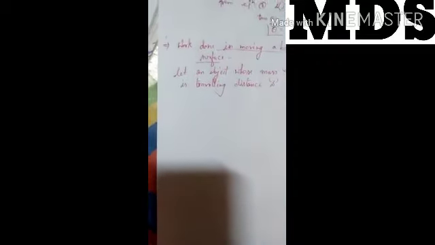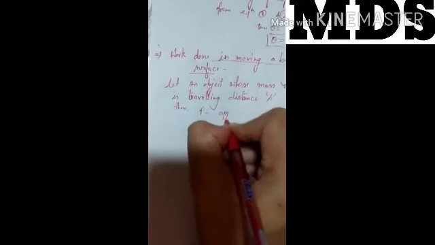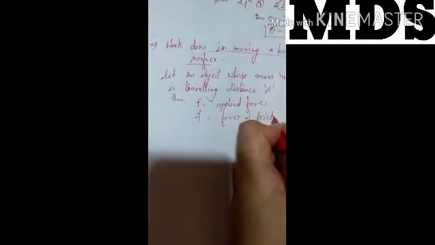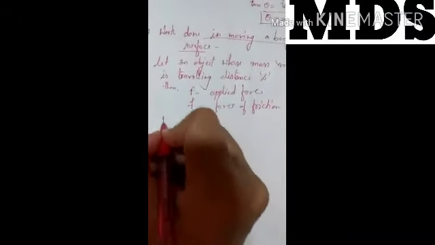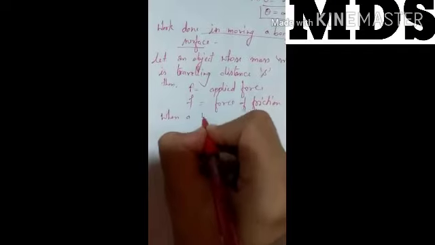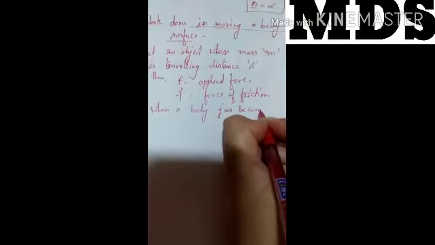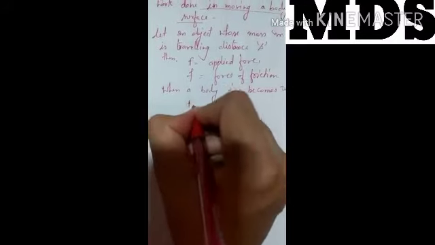Then F is the applied force and small f is the force of friction. When a body just begins to slide, then we can write applied force equal to friction.